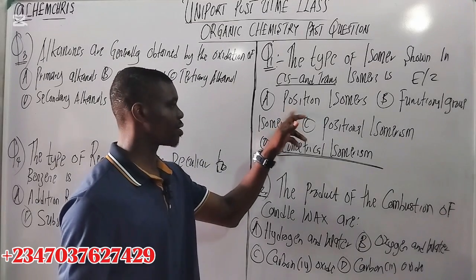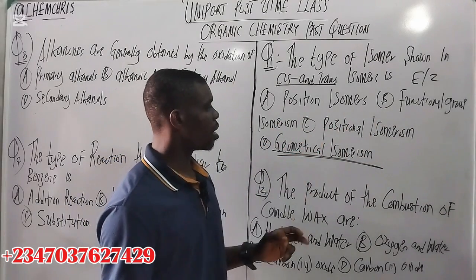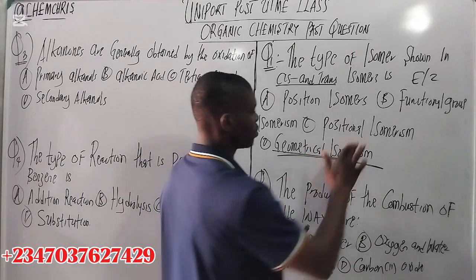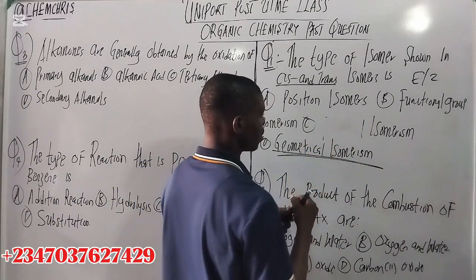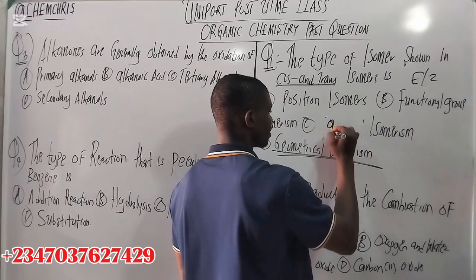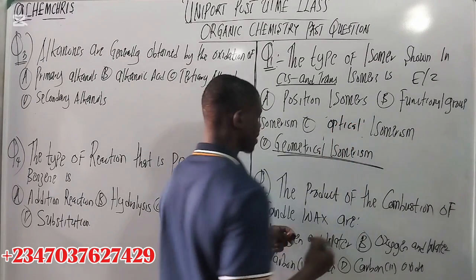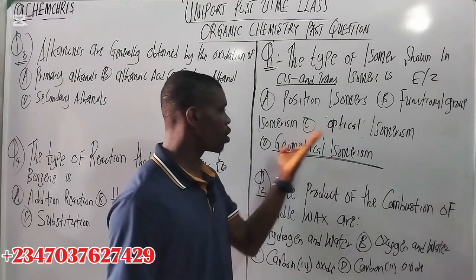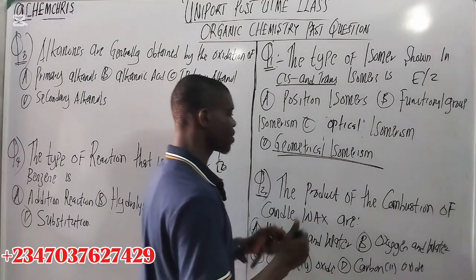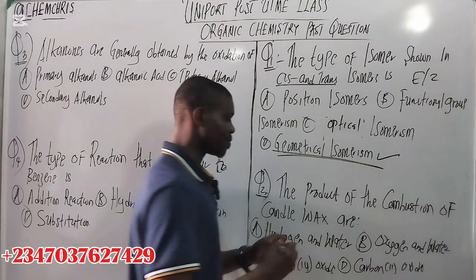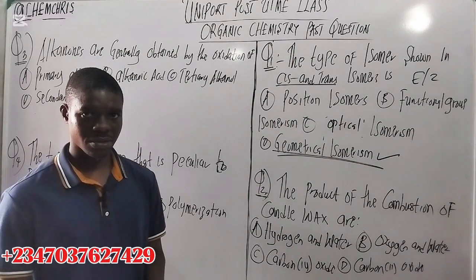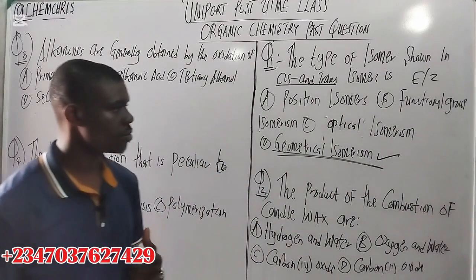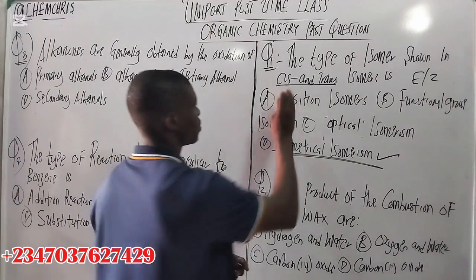It is not positional, it is not functional group, it is not optical isomerism. Geometrical isomerism is the answer. Do you understand? That is it. So we are done with the first one.